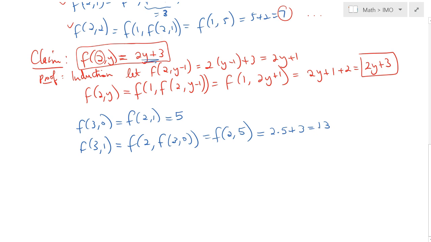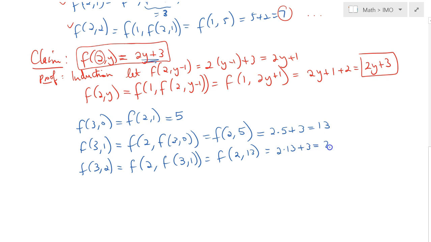So far I'm not able to see a pattern emerge, so I'll keep going until I see the pattern emerging. Now f of 3, 2 is f of 2, f of 3, 1, which we just got as 13, and f of 2, 13 is 2 times 13 plus 3, which is 29. Okay, I still don't see anything.